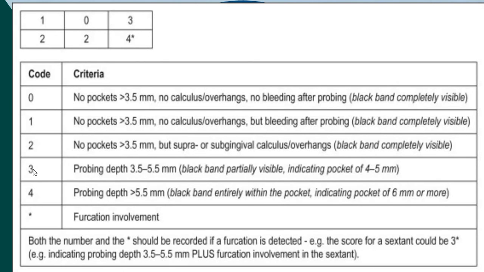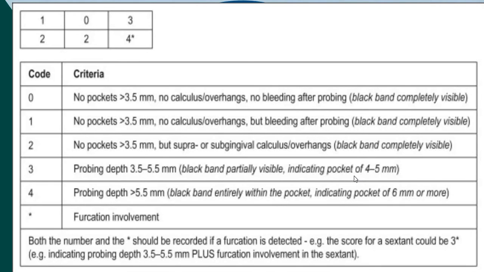In score 3, we do have a pocket. We have a pocket from 3.5 to 5.5 millimeter, and the black band of the WHO probe that we talked about is partially visible, indicating a pocket of, for example, between 4 to 5 millimeter from 3.5.